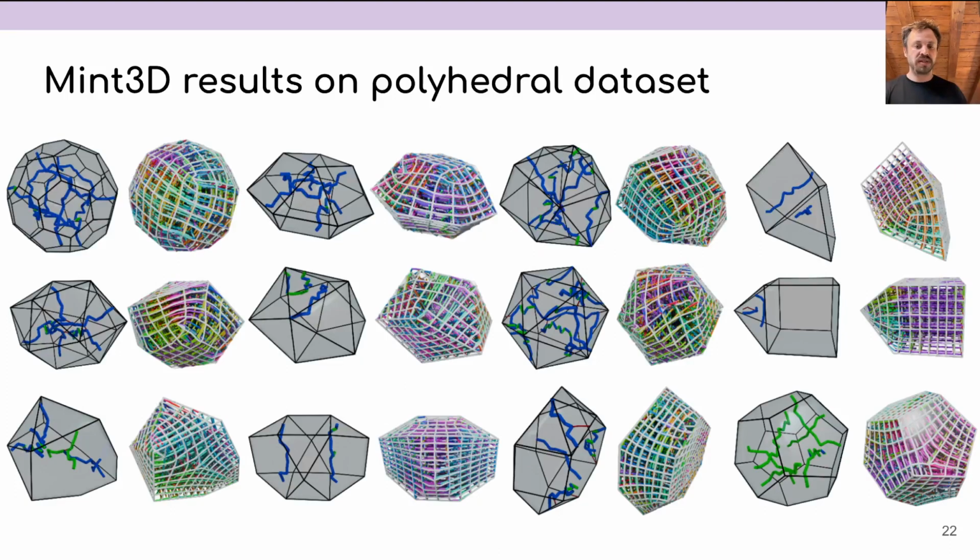Okay, and then we also evaluated on a data set of polyhedral models, which we found to be a quite useful data set to be evaluating on, particularly in the process of development of our method.